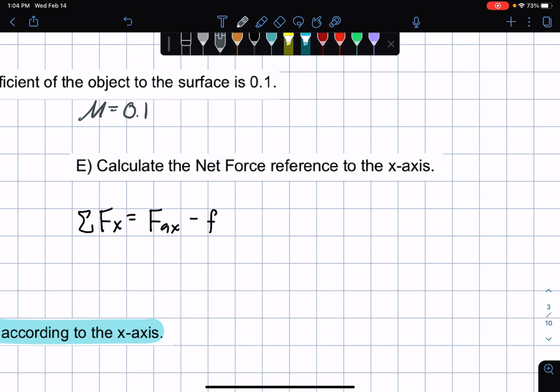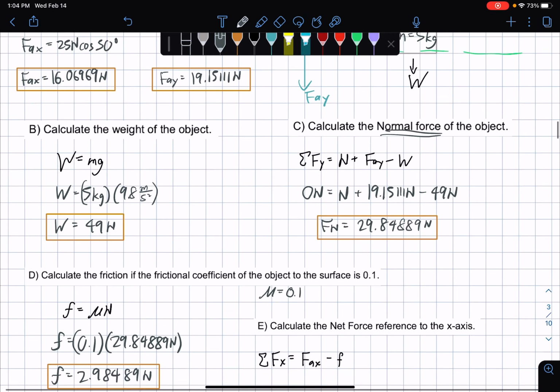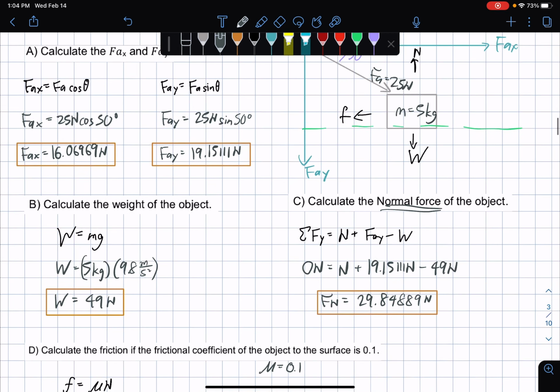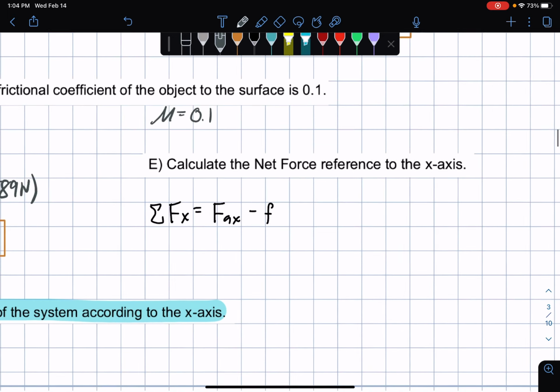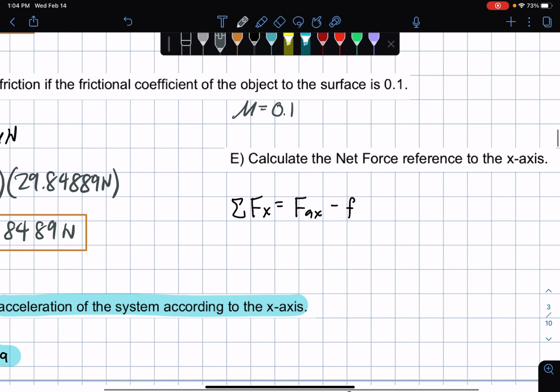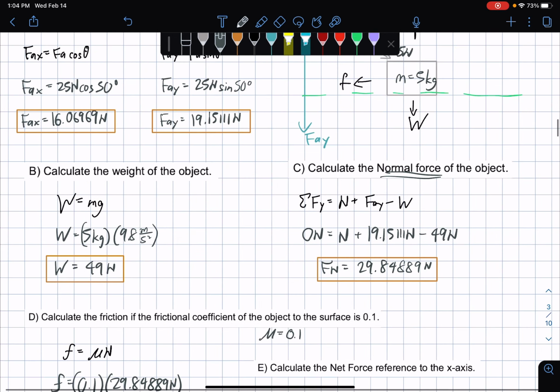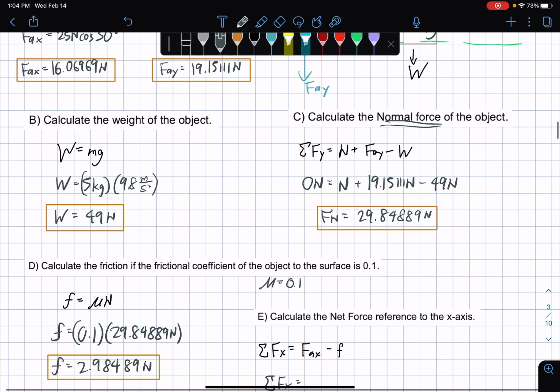Let's calculate the net force with reference to the x-axis. Is the object moving? That is a question. With respect to the horizontal surface, let's find out. We already know the friction as well as the FAX. What is our FAX? 16.06969.